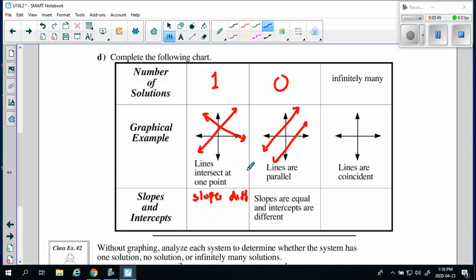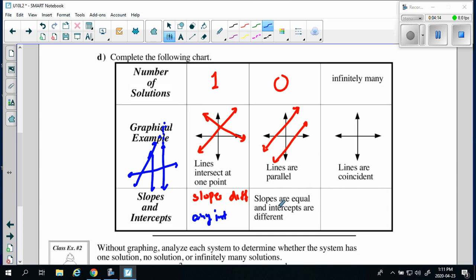As long as the slopes are different, they're going to intersect at some point. Maybe the intersection point runs off the page. So for example, you could have two lines that don't look like they intersect, like so, but you know that if you were to extend the grid, eventually they will intersect somewhere. So long as the slopes are different, they are going to intersect somewhere. The intercepts don't matter. So any intercepts, and they're talking about y-intercepts, doesn't matter.